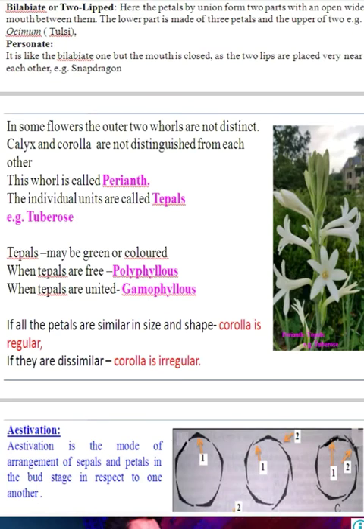Tepals may be green or colored. When the tepals are free, it is polyphyllous, and when tepals are united, it is gamophyllous. If all the petals are similar in size and shape, corolla is regular, and if they are dissimilar, corolla is irregular.